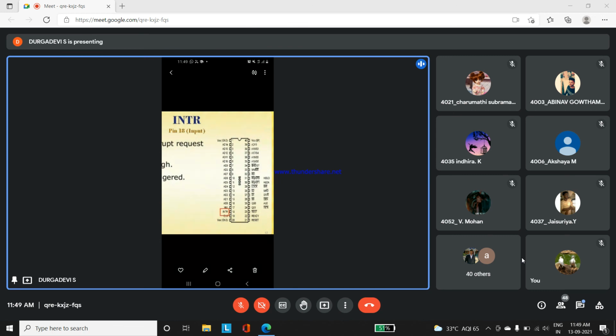Because in the 3rd unit only, you will study other ICs: 8255, 8251, 8279, 8253, 8258, like this, 6 or 7 ICs. First, you will study pin configuration. Next, internal block diagram, and what its functionality is. That is the 3rd unit. Is it clear, everyone?